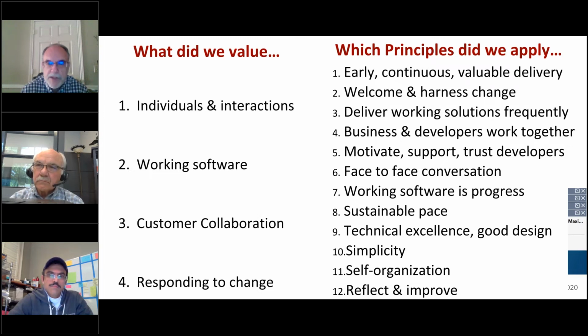We did welcome and harness change. We delivered working solutions frequently. By going through the 5-step ROI process, it gives you an opportunity. If you don't get the kind of reaction from the training that you were expecting, it gives you an opportunity to evaluate, reassess, and possibly do some more training or some change in your delivery method, as opposed to not having those kind of metrics early on.